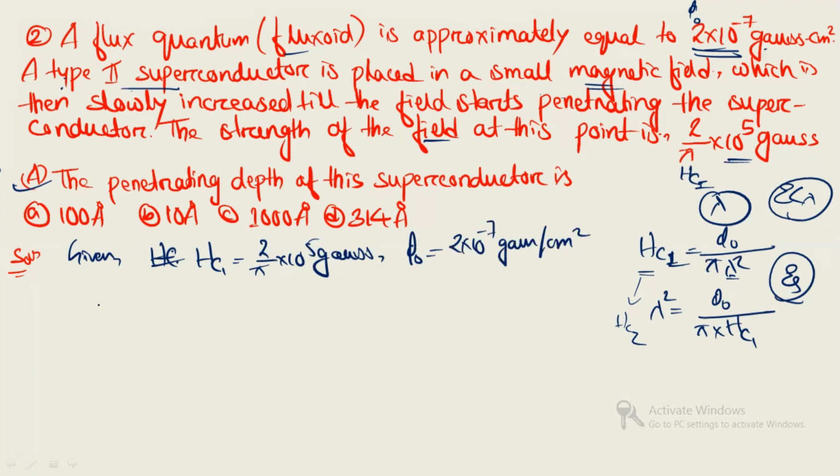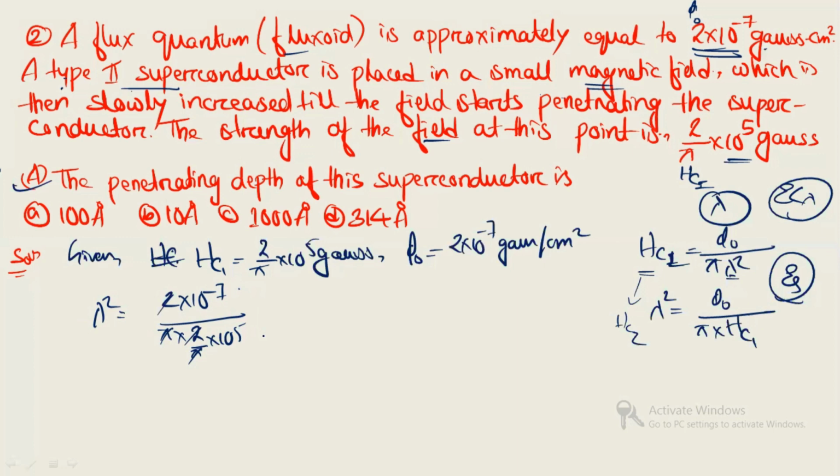So finally, lambda square equals phi naught, 2 into 10 to the power minus 7, divided by pi into 2 by pi into 10 to the power 5. So this pi and pi will get cancelled, this 2 and 2 will get cancelled. And in case of units also, here you have Gauss per centimeter square. These things you can do on your own.